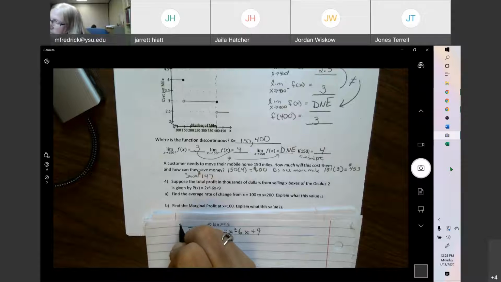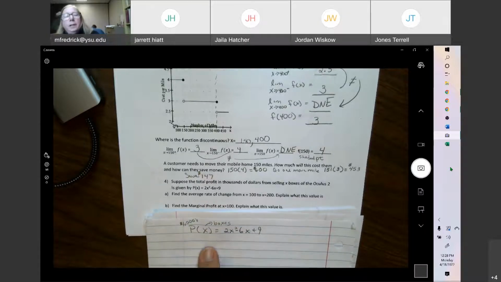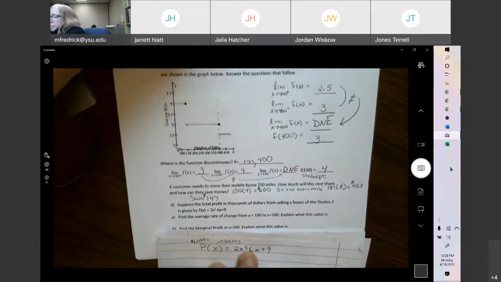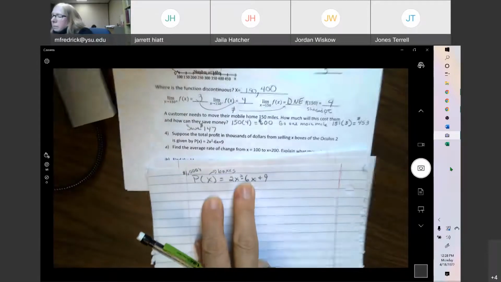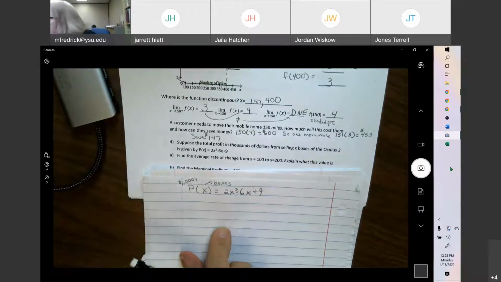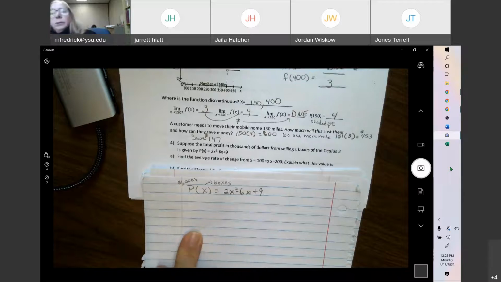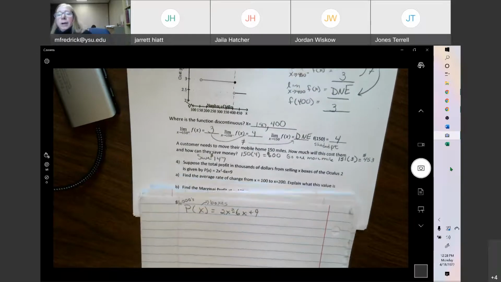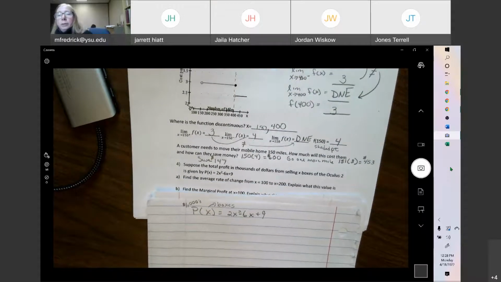Thousands. Okay, so profits in thousands. Find the average rate of change from 100 to 200. Remember, average rate of change is your slope.